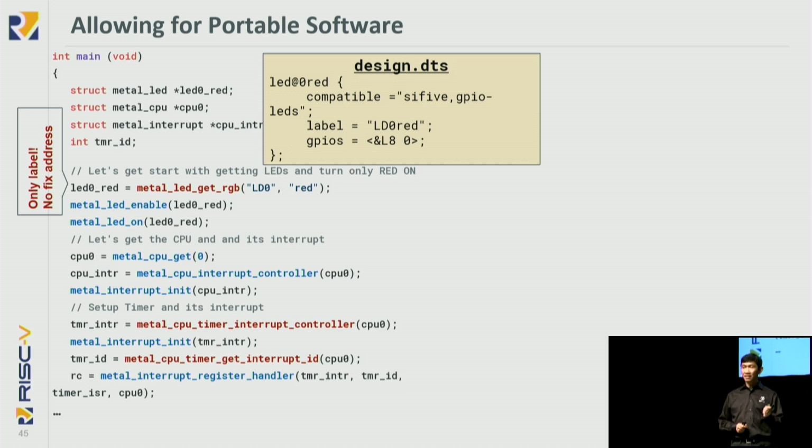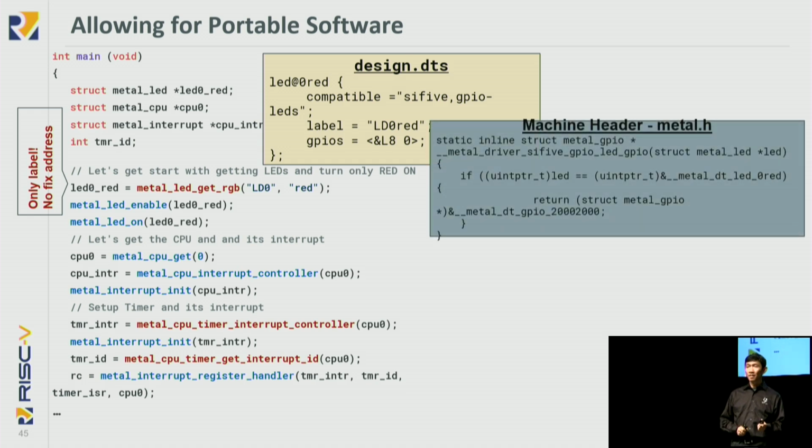Remember the DTS file, which describes the hardware, and one of the components or nodes it has is an LED. In there, as you can see, it has a label, which is to say that it is an LED. And it also has a reference to another node, which is the GPIO, where it contains the address for you to turn on and turn off the LED.